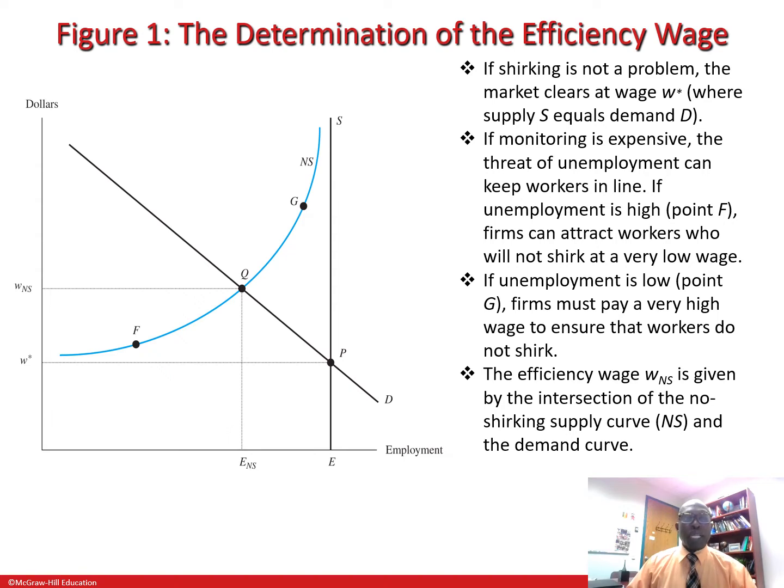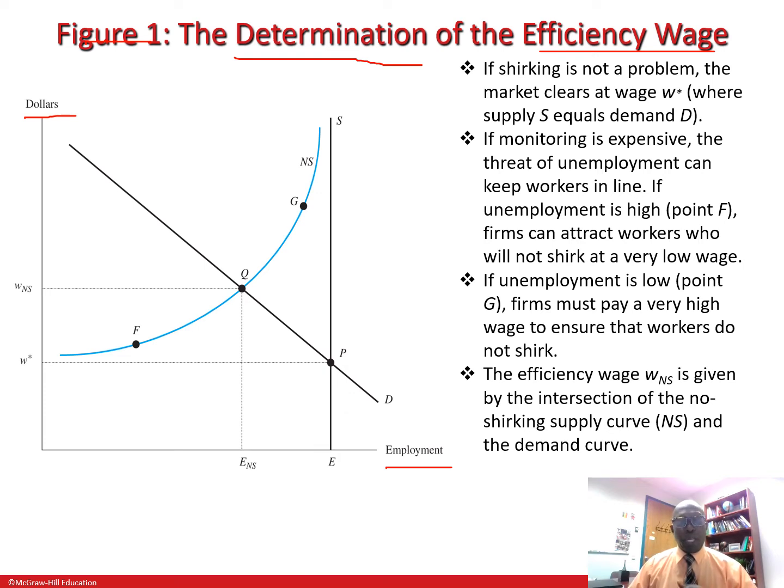Figure 1 displays the determination of the efficiency wage. On the graph, on the y-axis, or vertical axis, we have the wage rate in dollars. On the x-axis, the horizontal axis, we have employment.